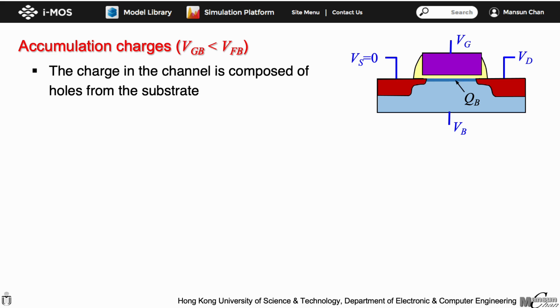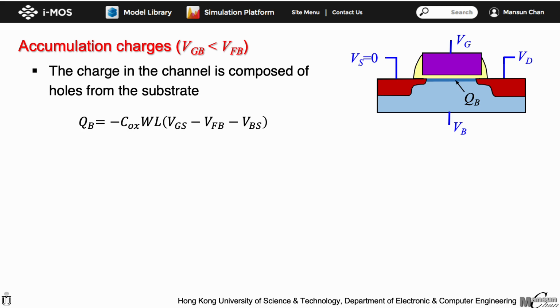The situation is relatively simple, as the MOSFET can be treated as a parallel plate capacitor. Therefore, QB is just equal to minus Cox WL times (VGB minus VFB). As VGB is more negative than VFB, the quantity in the parentheses is negative. So, the overall sign of QB is positive for holes.